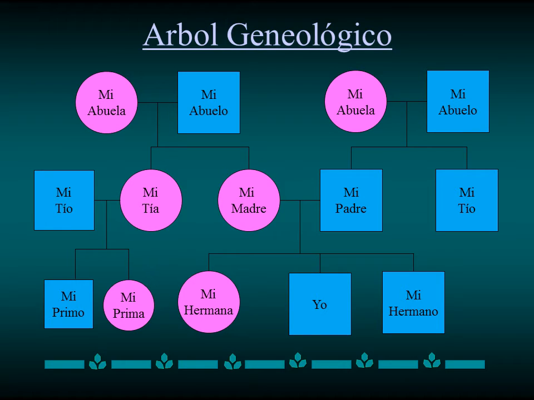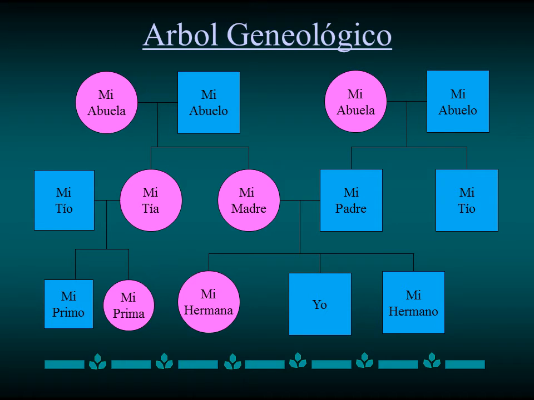So that's my cousins, right? Mi primo is my boy cousin, and mi prima is my girl cousin. So that's a lot of words here to learn, but take a look at it. Remember, they're pretty easy because a lot of times we just change the O to the A. So tío is uncle, tía is aunt.